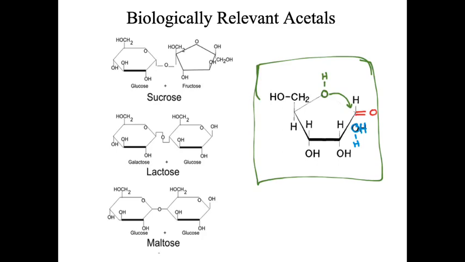Next thing I want to address here is that this position is what is known as a reducing sugar. It is a reducing sugar because I can very quickly reduce that position, because I have a nice easy carbonyl there. If we go over and take a look at the sucrose, and in particular the glucose of sucrose, that position is not reducing.